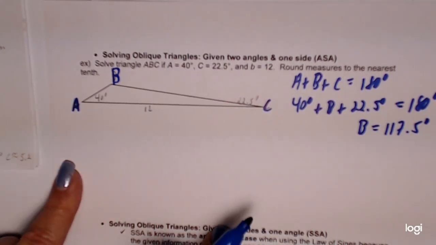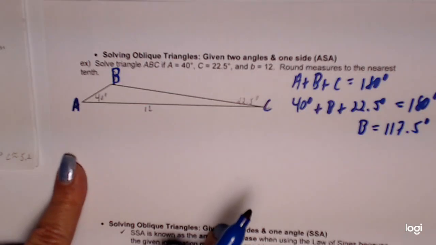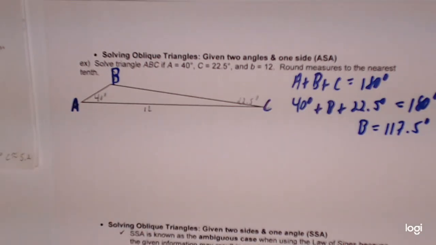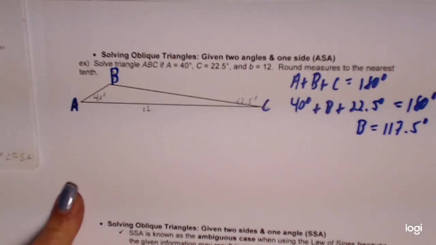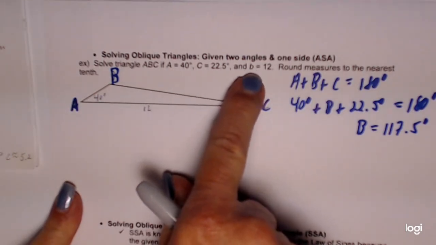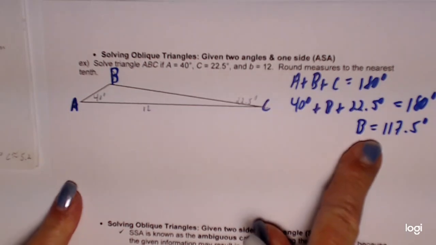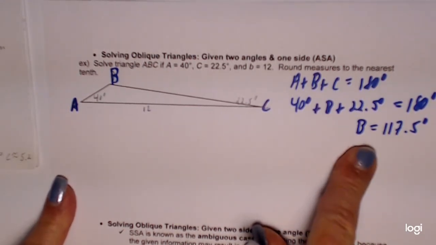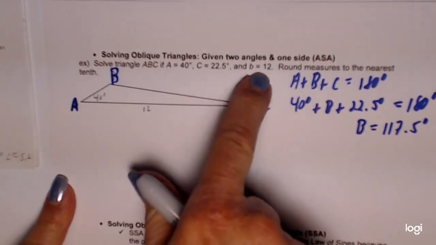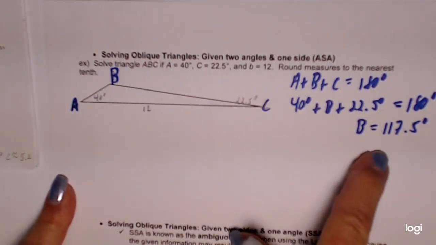Again, to solve for the length of the sides, we can't use the Pythagorean theorem or anything because we do not have any right angles. So we're going to use the law of sines again. Here, the information that we are given is we have side B and we found angle B. So this is the ratio we have to use because it's the only pair that we have that's complete with a side and its angle.